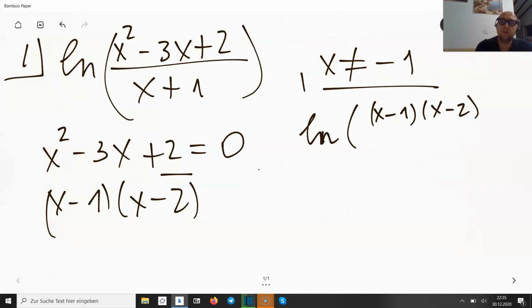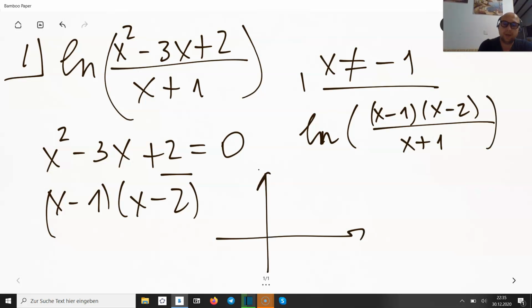Why? Well, we can clearly picture the solution. Look at this. We have a parabola which has two 0 points. Firstly, it goes up. It's intersecting the x-axis at 1 and 2. It looks like this.